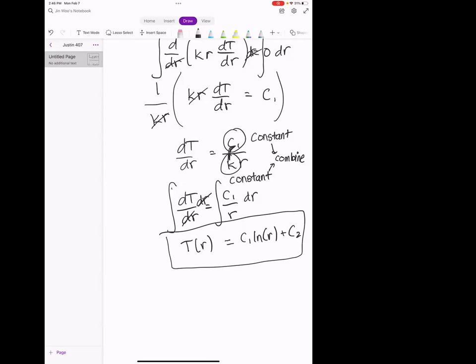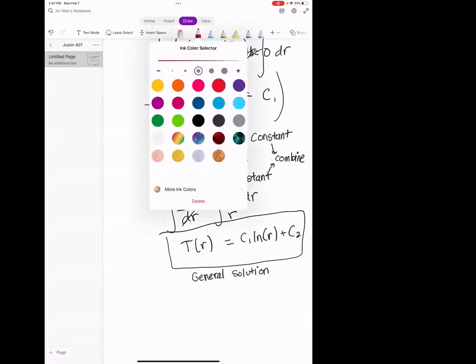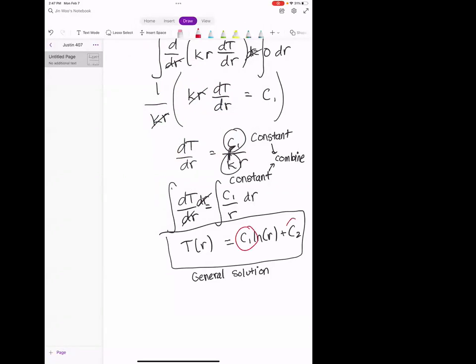So what we have here is our general solution: T of r equals C1 ln of r plus C2. The next step is to solve for these constants, and the way that we do that is through the boundary conditions.